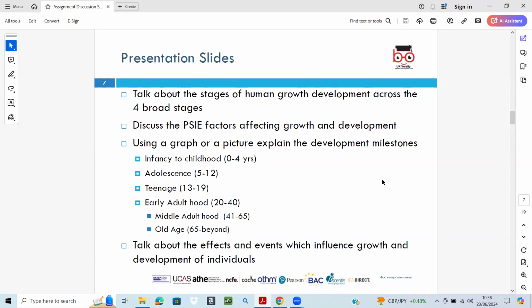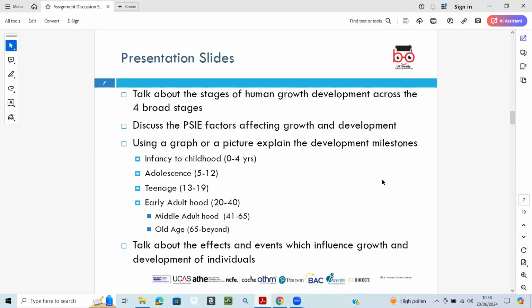For example, in slide 11, on the effects of life factors, we can discuss the positive and negative effects of genetics, environment, family dynamics, and other related information. With slide 12, we could discuss events influencing development. We could explore how events like trauma, illness, or major life transitions can impact individual growth and development.